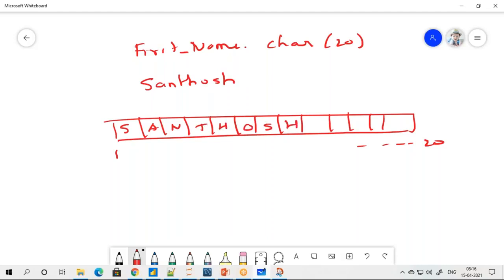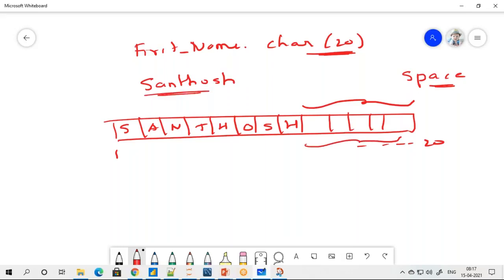If I give character, the remaining characters it will fill with space, because it will utilize all the 20 memory locations. Character is telling that whatever you give, I will assume you're giving me the full. In case you don't give me full, I will fill it with space.